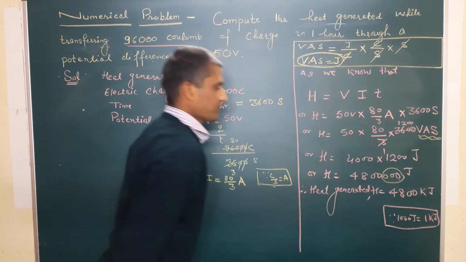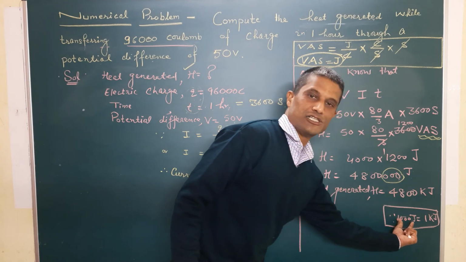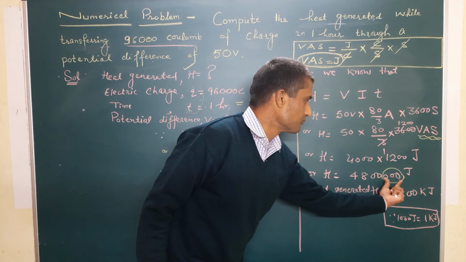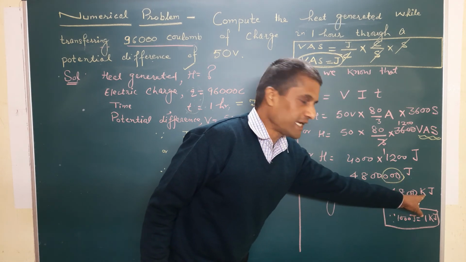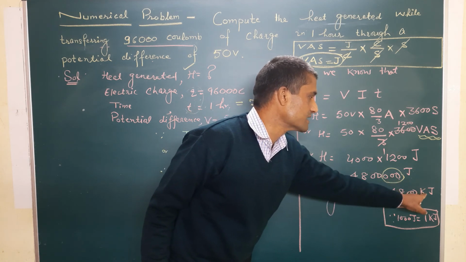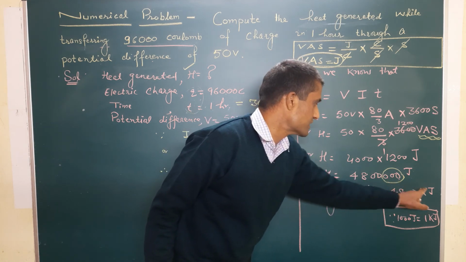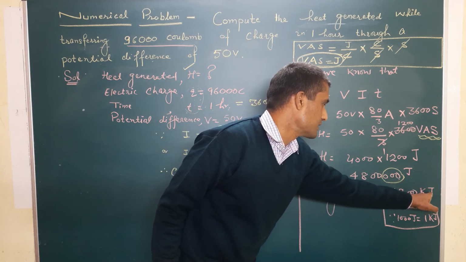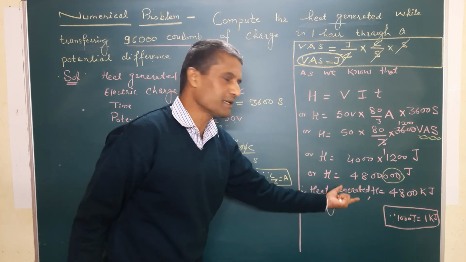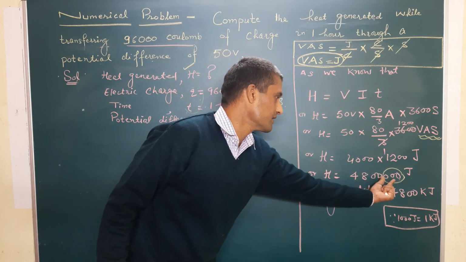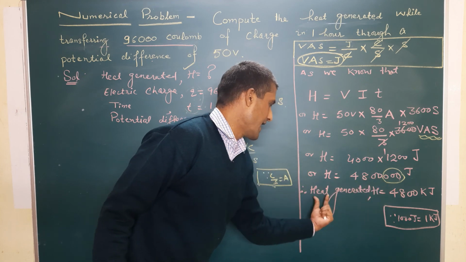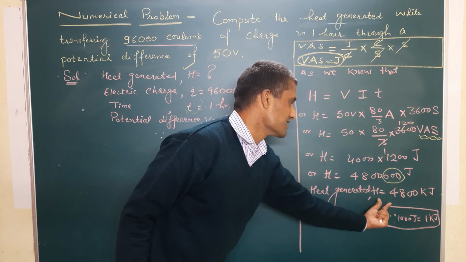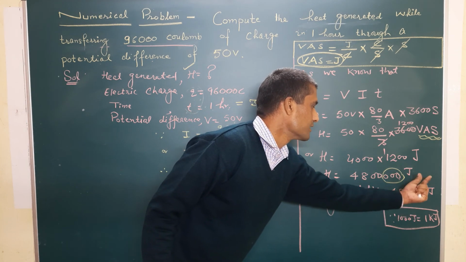Very simple. 1 kilo stands equal to 1000. So in place of 1000, I have put K here, because 1000 means kilo. So K, and J is already there, so it has become kilojoule. Either way you can go here. It can be written as heat generated, H is equal to 4800 kilojoule.